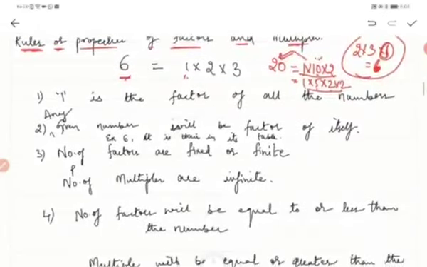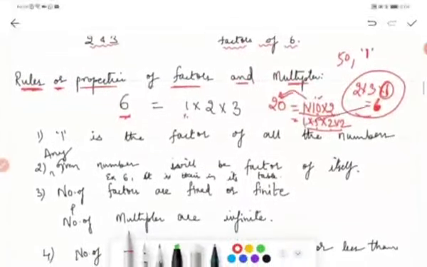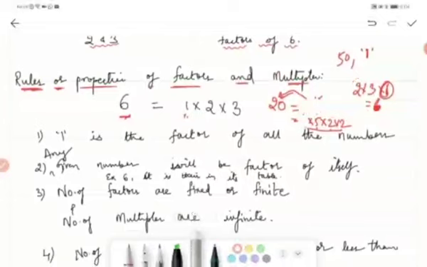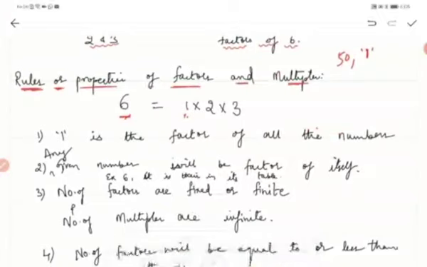Rule number 2 is that any given number will be a factor of itself. Example, I have 6, so I can write it as 6 ones are 6, isn't it?